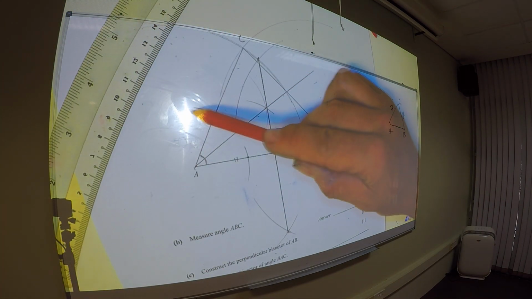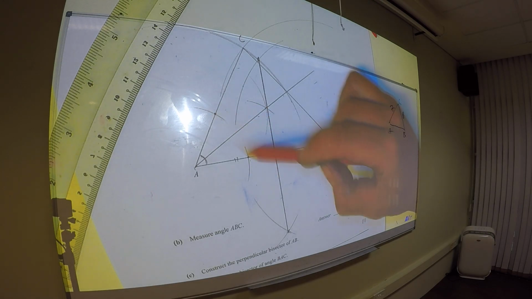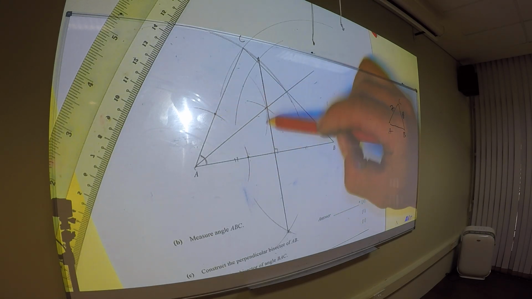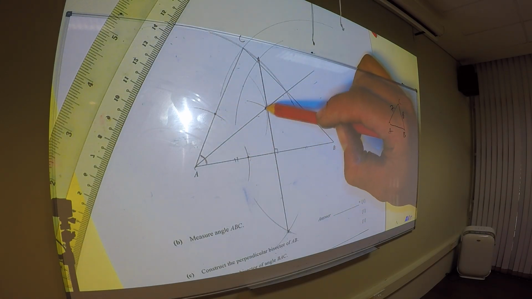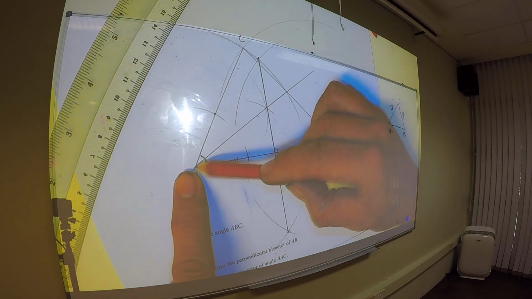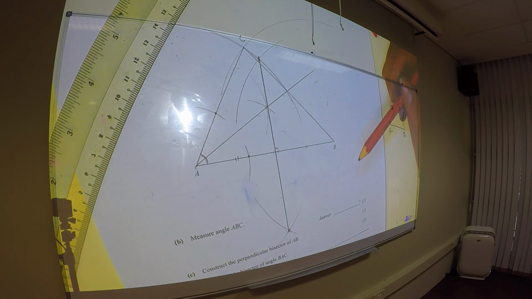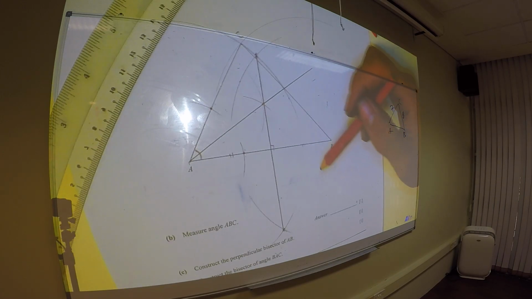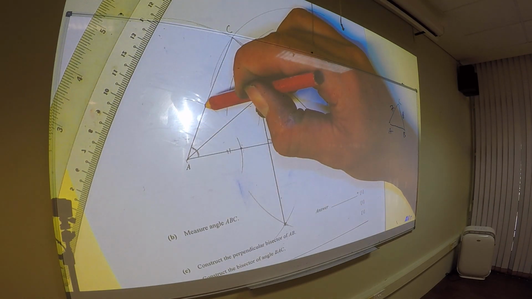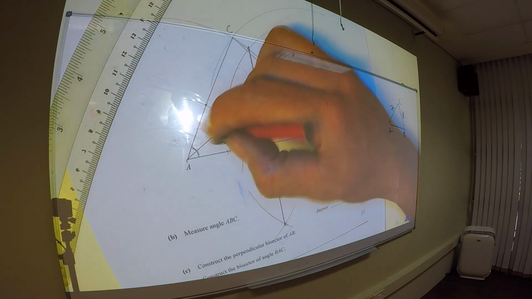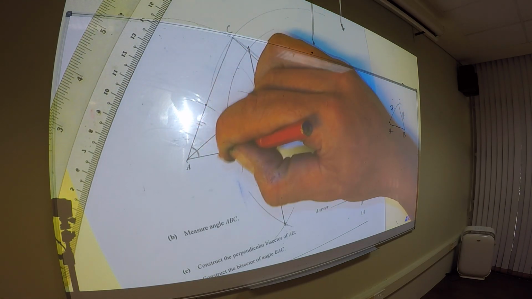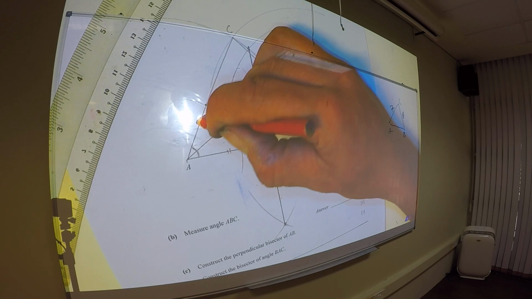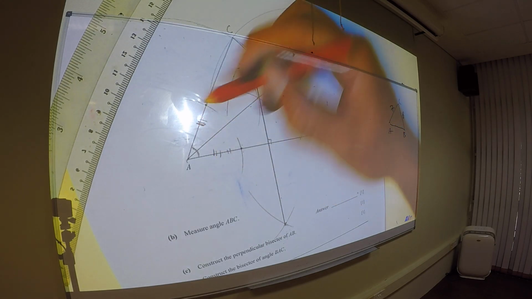Okay, so I cut here, then using this as center, I cut here and I cut here. This will divide angle A exactly into two. The reason is when we use the same distance, this distance and this distance are the same.